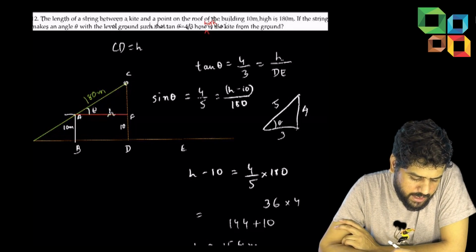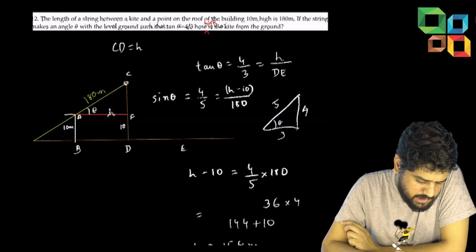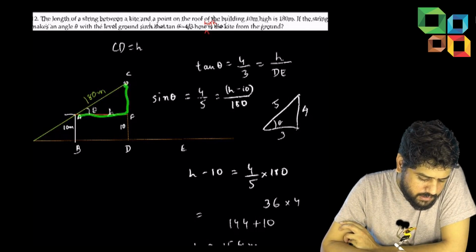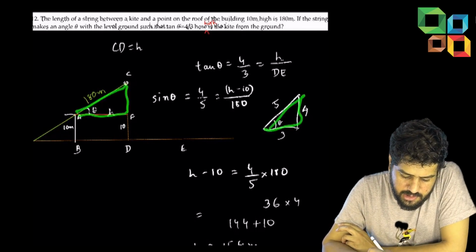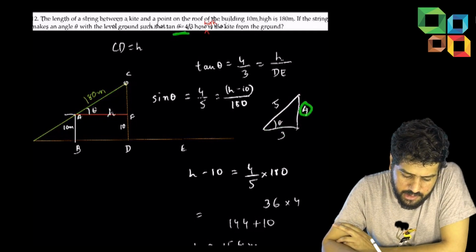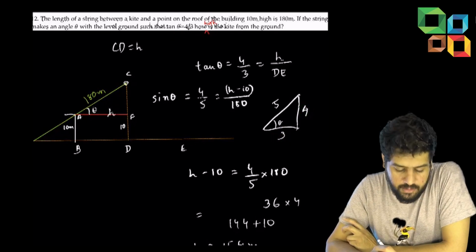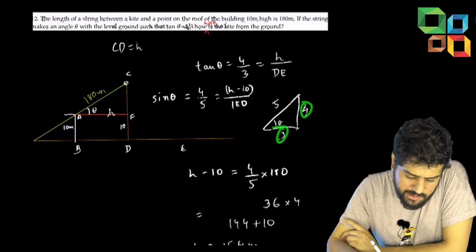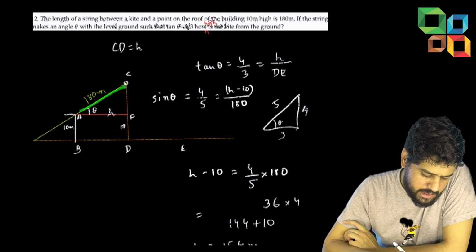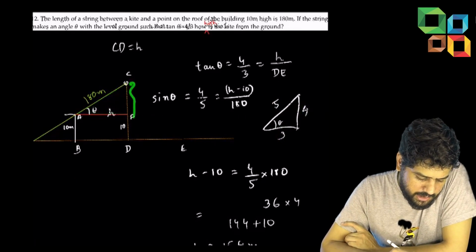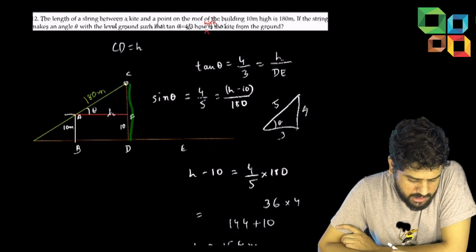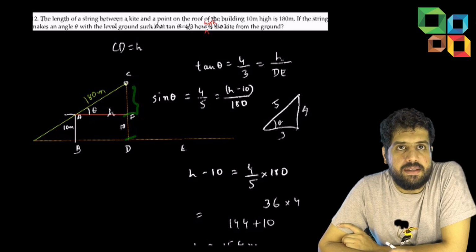You need to find the height of the kite from the ground. Since this angle is theta, you use this 3, 4, 5 triangle because it's given tan theta is 4 by 3. Tan theta is opposite by adjacent. If this is 4, this is 3, this will be 5. Use that here. You need this length. This whole length is h. This is 10. So this is h minus 10.